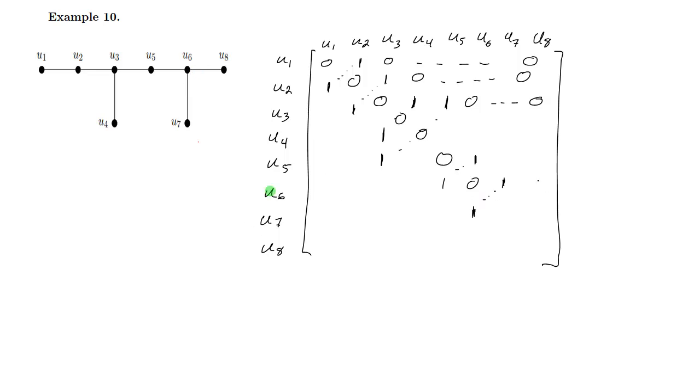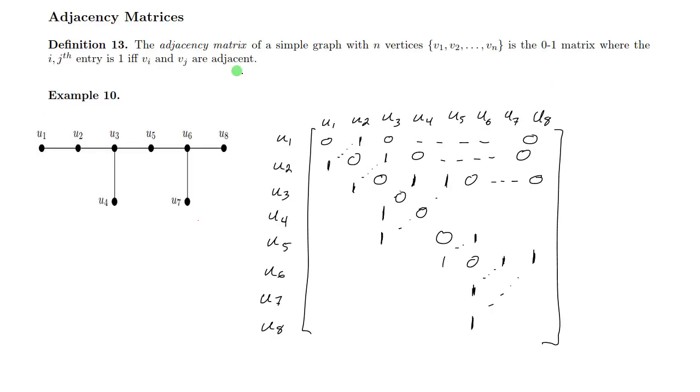It's going to give us a 1 over here, and then 8 and 6, we're going to get a 1 over there. Again, kind of a big matrix because we had 8 vertices, but again, just filling in a 1 if those two vertices are adjacent with each other, and otherwise we'll put in a 0.